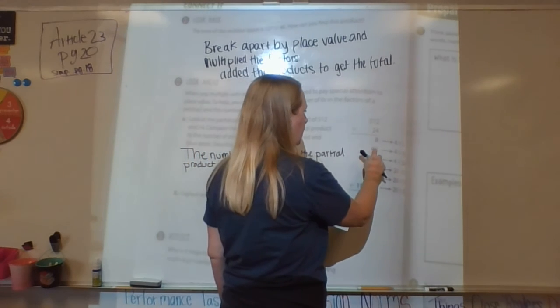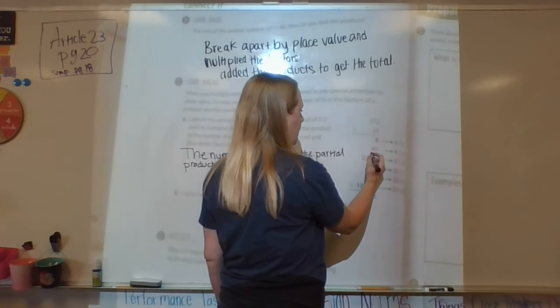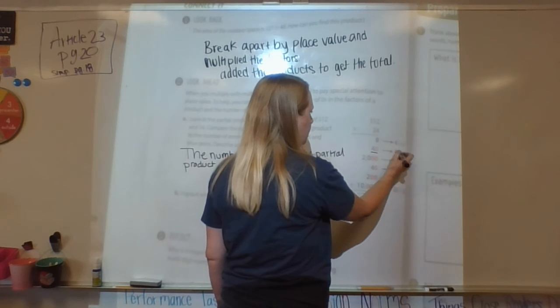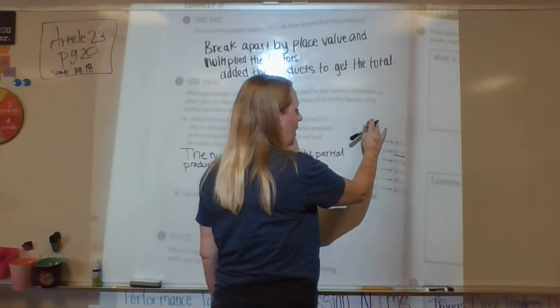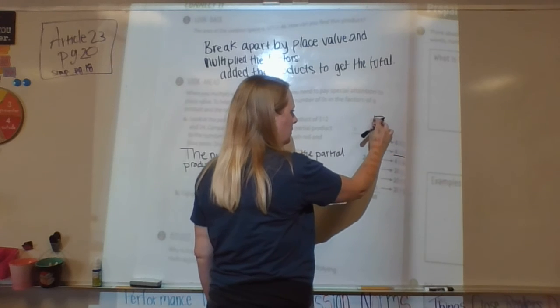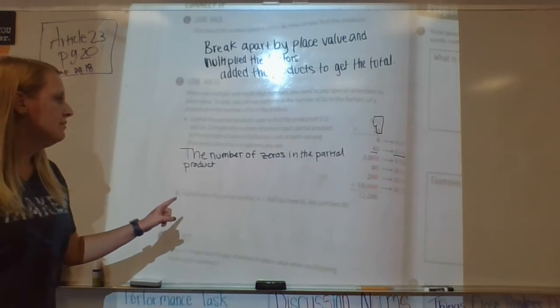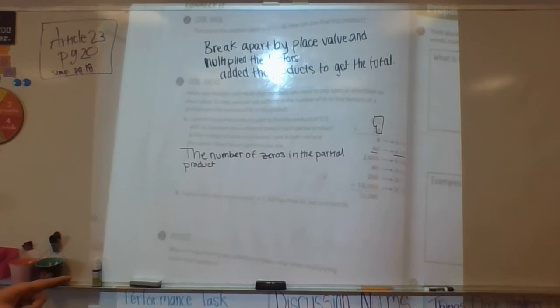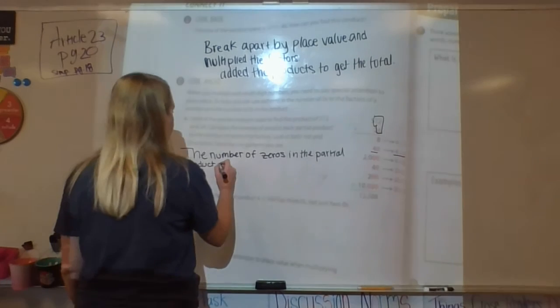It's not the full product, right? Because it's not the full answer to that. This is just 40, which is 4 times 10. It's not 4 times 12, which is what we would be doing right there. So the number of zeros in the partial product is the same as the fact.